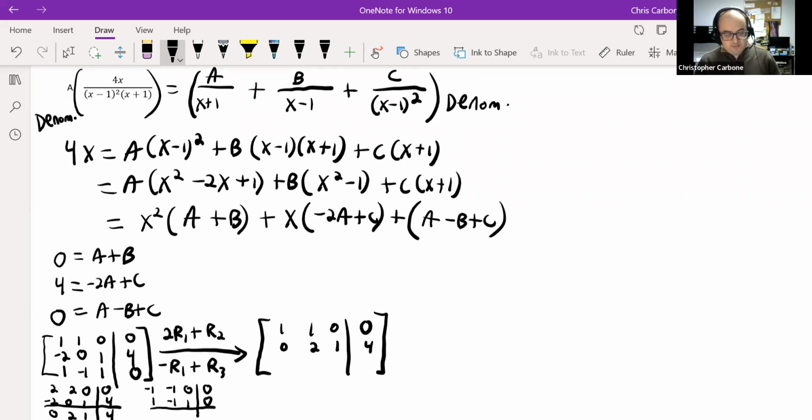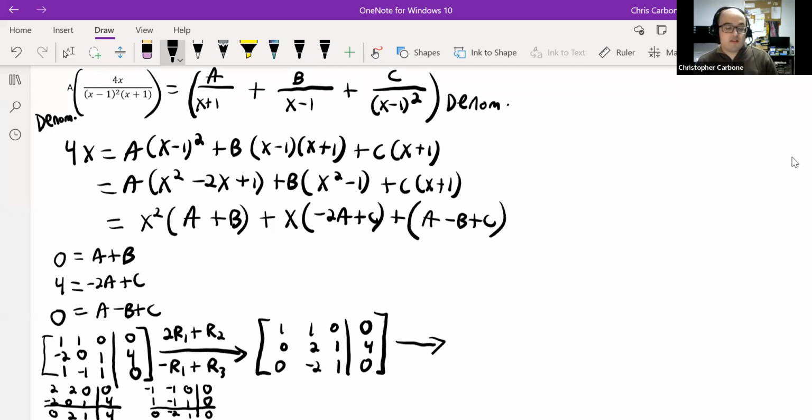Negative 1 plus 1 gives us a 0 here. Negative 1 plus negative 1 gives us a negative 2. And 0 plus 1 gives us a 1. And then we still have 0 on the right. So 0, negative 2, 1, and 0.